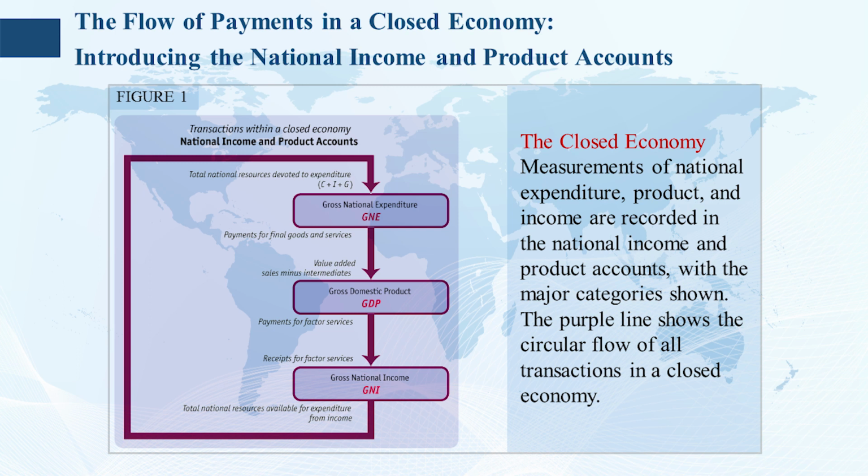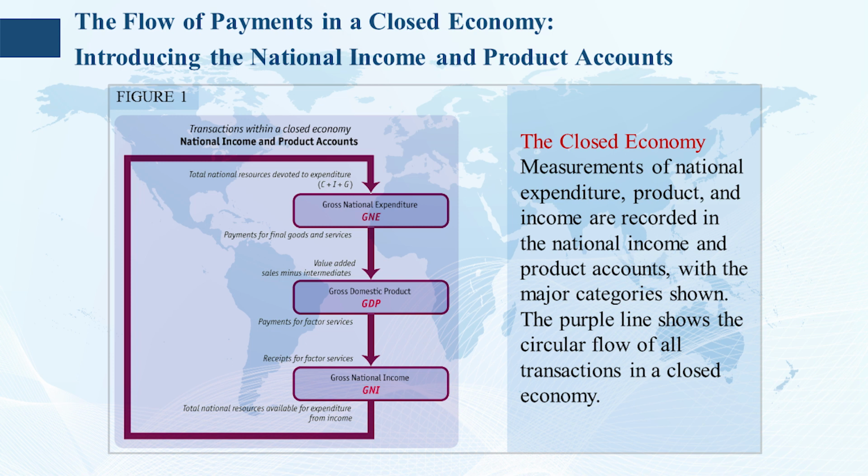Figure 2 incorporates all of the extra payment flows to and from the rest of the world, which are recorded in a nation's balance of payments, BOP accounts. The circulating purple arrows on the left side of this figure resemble those in the closed economy case seen in Figure 1.